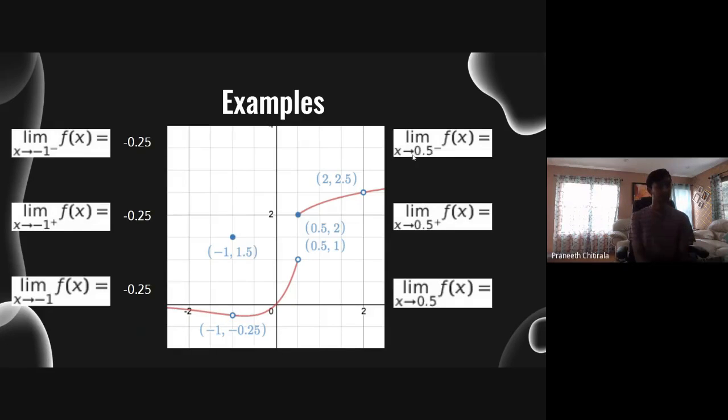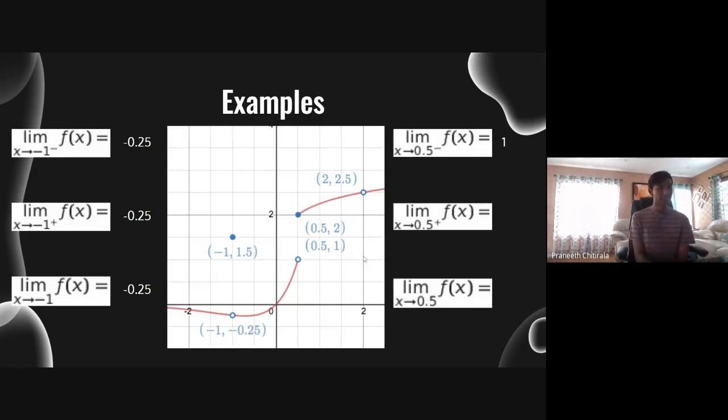Now let's look at 0.5, which is right here. If you approach it from the left side, you follow this path, and you get this point, which is 0.5, 1. So the limit is equal to 1, because that's the y value.